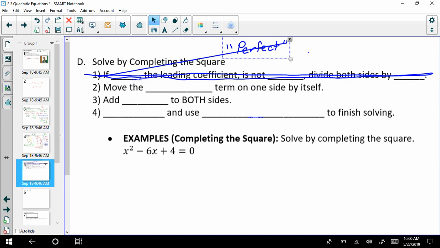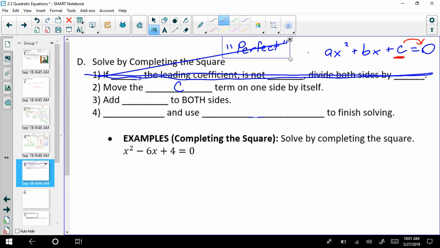So step 2, which is going to be our step 1, we are going to move the c term to one side by itself. And when I say c term, I'm referring to if we're in the form ax squared plus bx plus c equals 0. So when I say the c term, I mean the constant, the one without any variables. We're going to move that over.